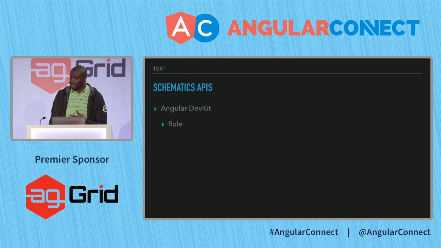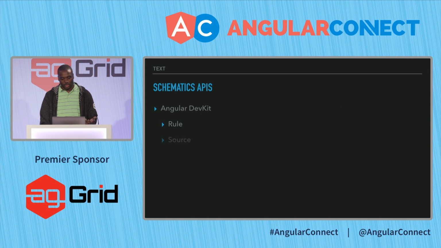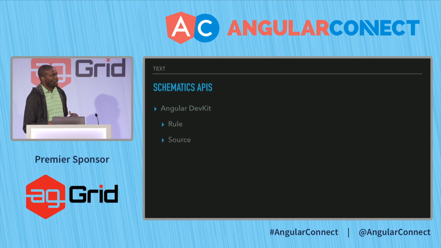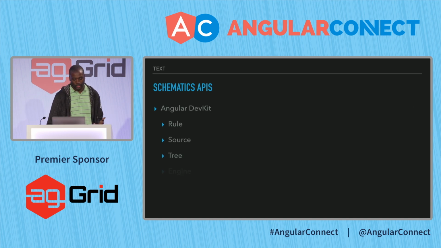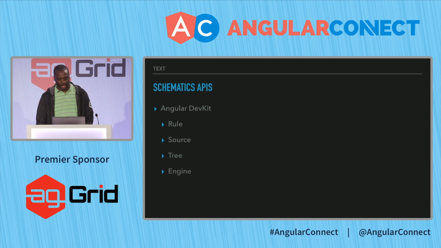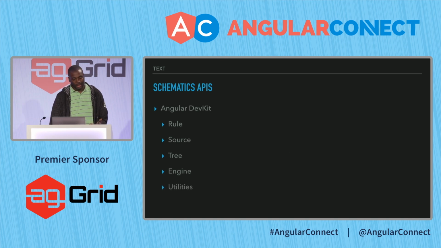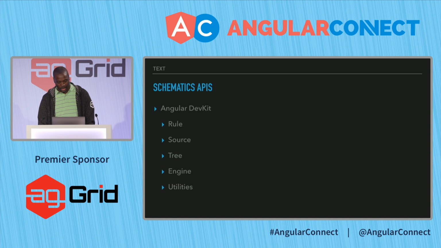We'll go through some of the definitions of what these are and their common use cases, just so that when you attempt to do schematics yourself, you'll know the terminology and it'll seem more familiar. So the first one is a rule. I'll just go through the terms here. There's a rule, a source, a tree, an engine, and, like I said, I'll explain these further in detail. And then there are also utilities that they offer to build schematics.